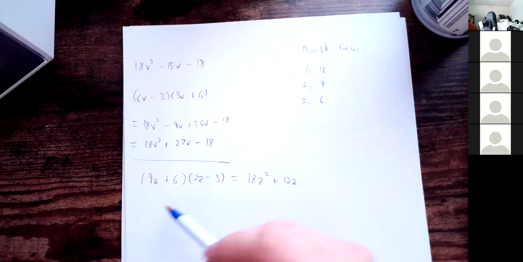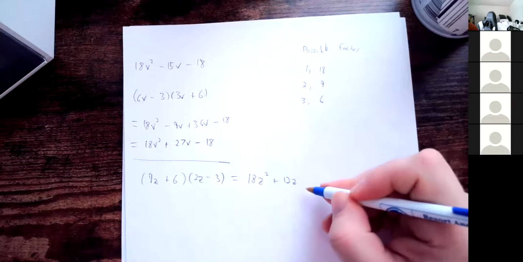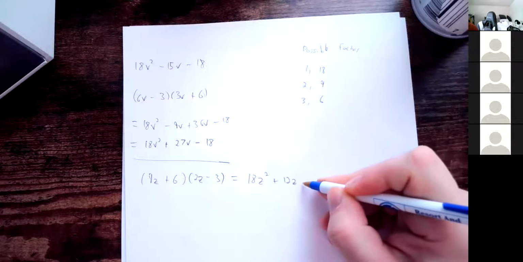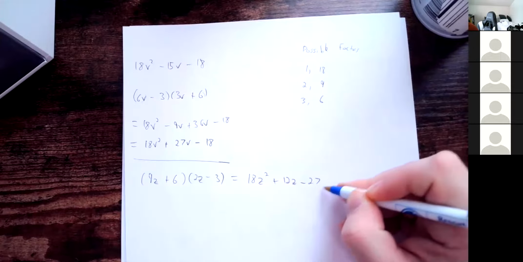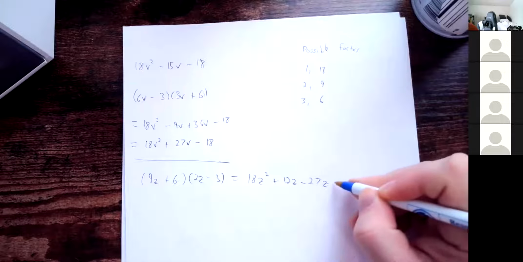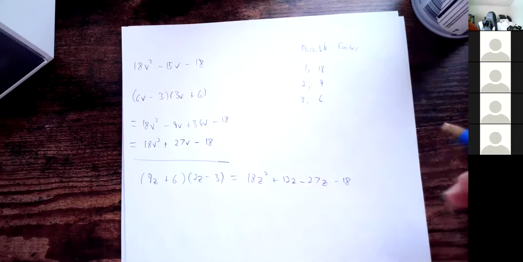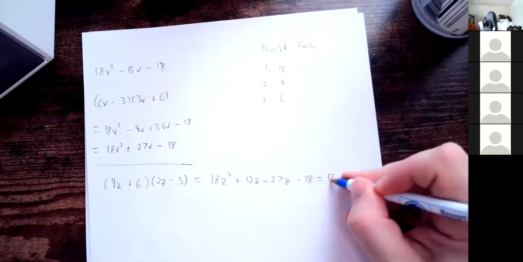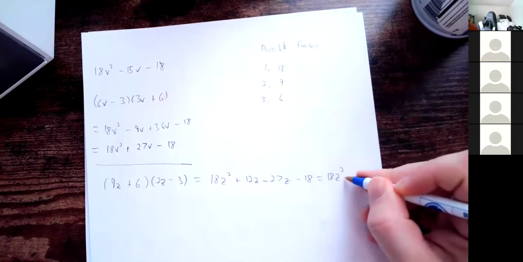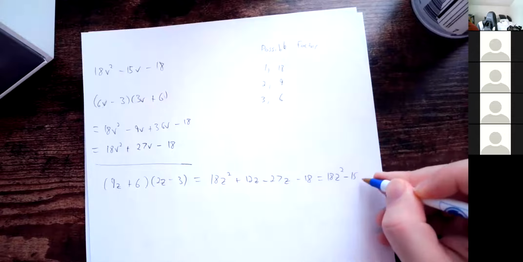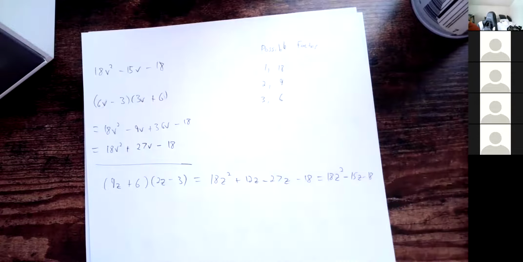And then negative 3 times 9 is going to be 27z. So 12z minus 27z, definitely that's going to give us minus 15z minus 18.